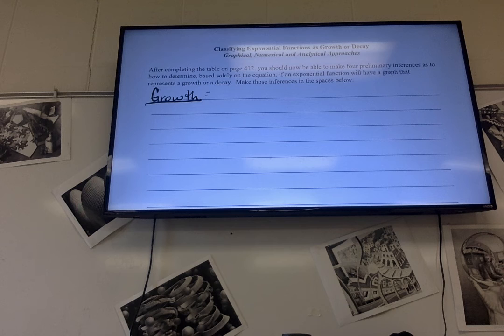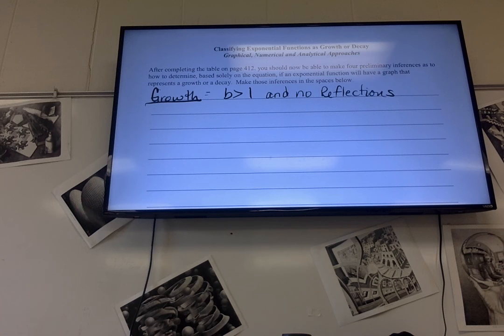One thing we can do, if it's to be growth, if you just look at B, and if B is greater than 1, and there's no reflections. Now let's think about why we'd have to worry about reflections.